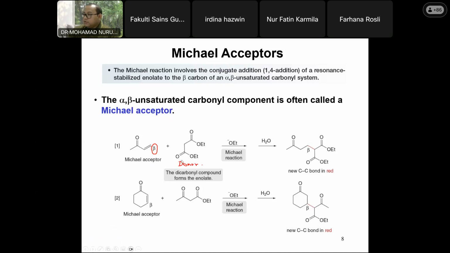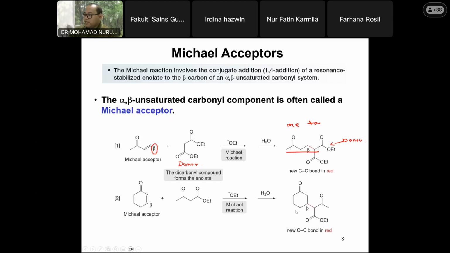For example, in these kinds of reactions, when they are doing Michael reactions, they will form a new C-C bond at the beta position. As I said, this one is coming from the Michael acceptor, and this one is coming from the donor. Again, if there are cyclic systems, this one is the Michael acceptor, and this one is the Michael donor.